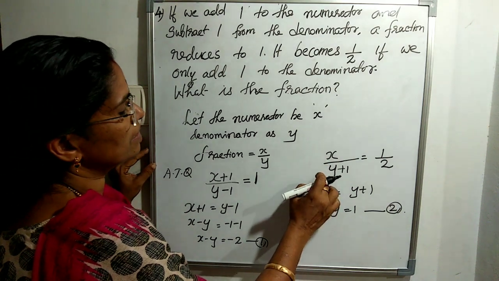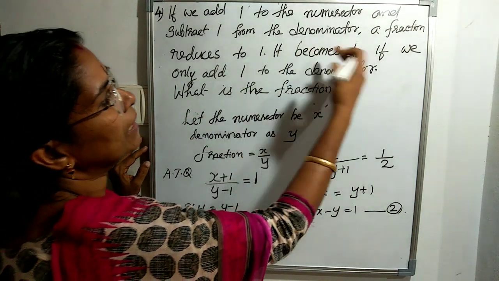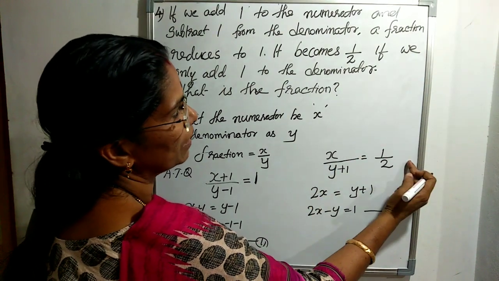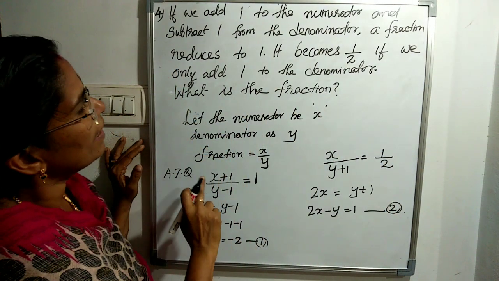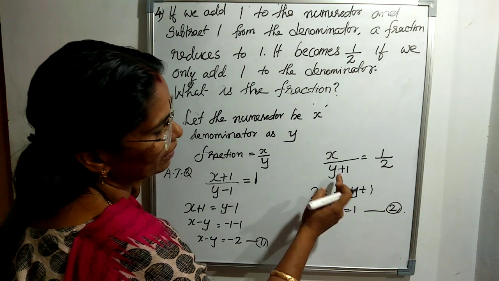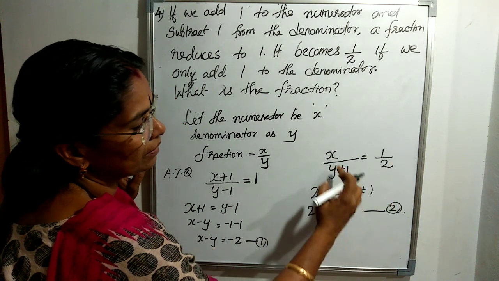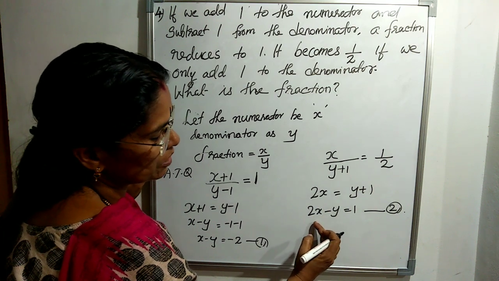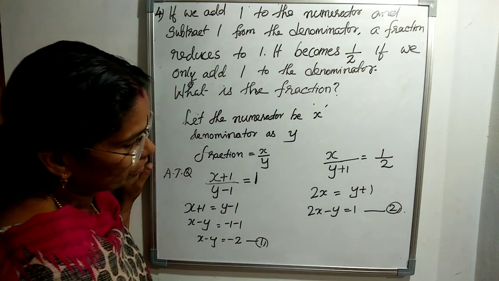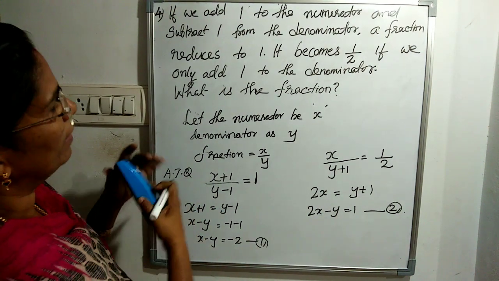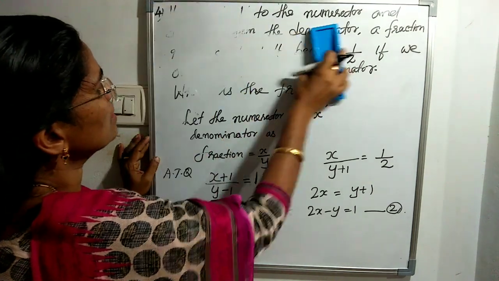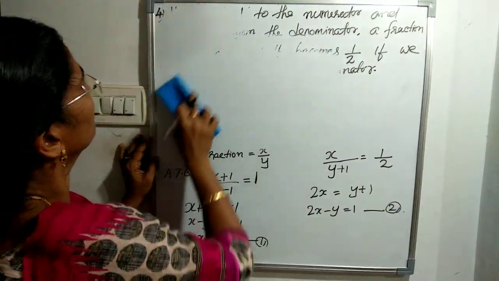And the second part, it becomes 1 by 2, means the fraction is 1 by 2 if we only add 1 to the denominator. It means x by y plus 1 equal to 1 by 2. After solving, we will get the equation 2x minus y equal to 1. Now we have to solve this question.